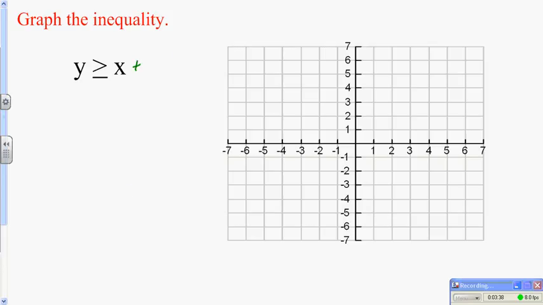The y-intercept in this case is nothing. So the y-intercept is 0. The slope, if there's nothing there, is a 1, and we can write that as a fraction, 1 over 1. The inequality has a line under it, so it's going to be solid.